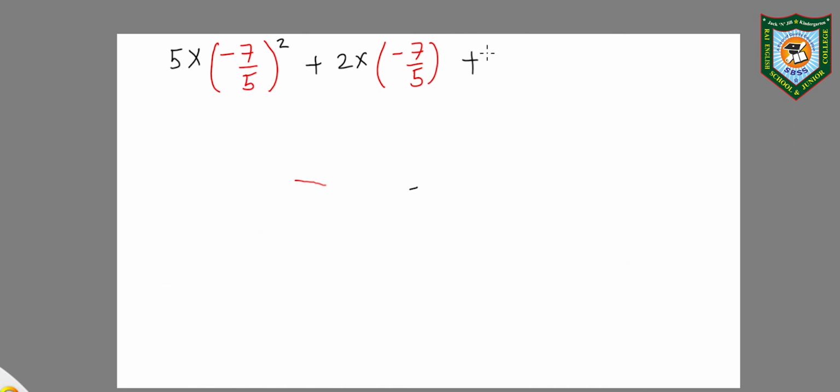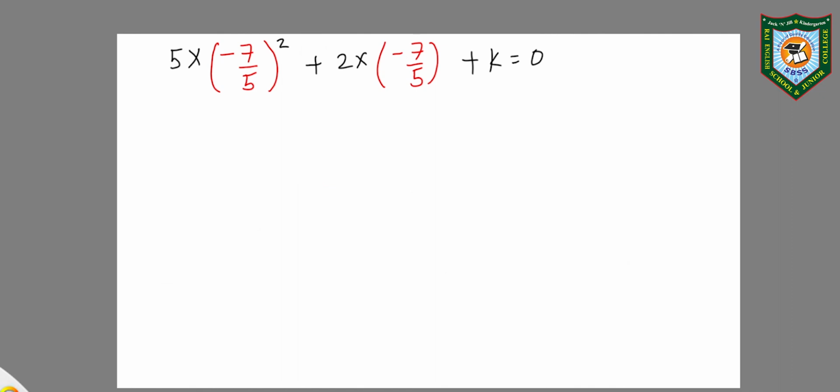So here I'll have 5 into, now here we are substituting m is equals to minus 7 by 5, so this is minus 7 by 5 bracket. Now this is squared plus 2 into minus 7 by 5 plus k is equals to 0.